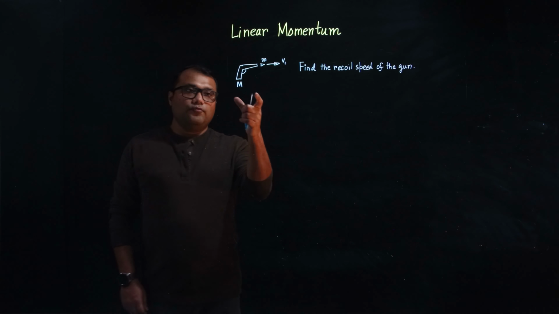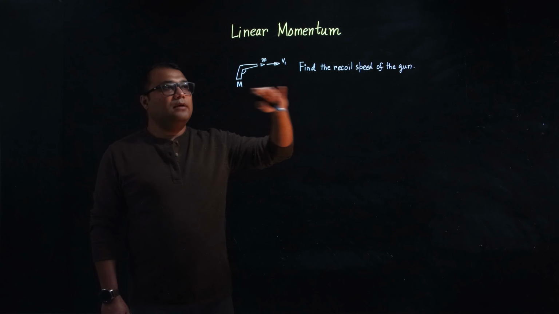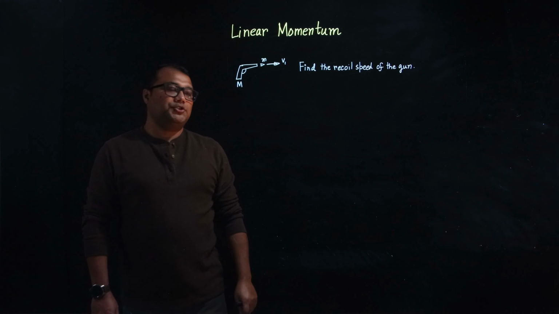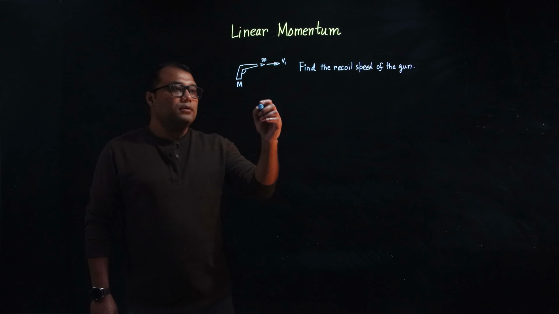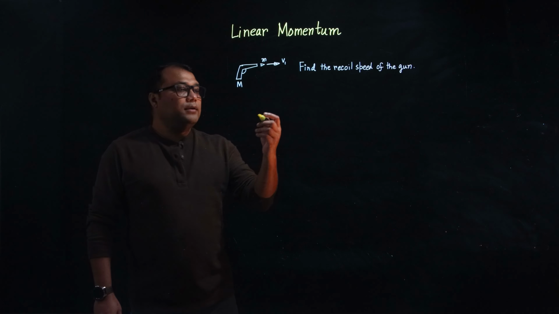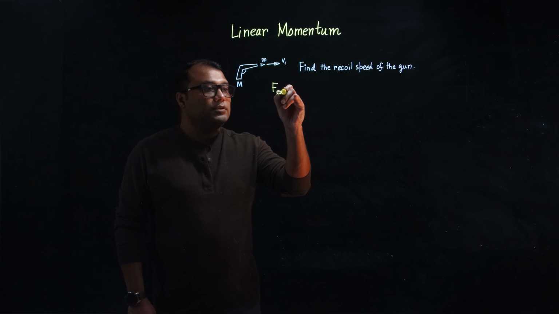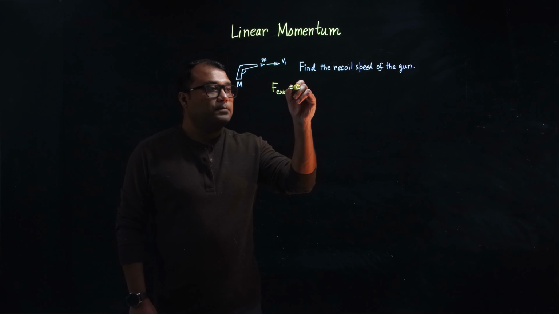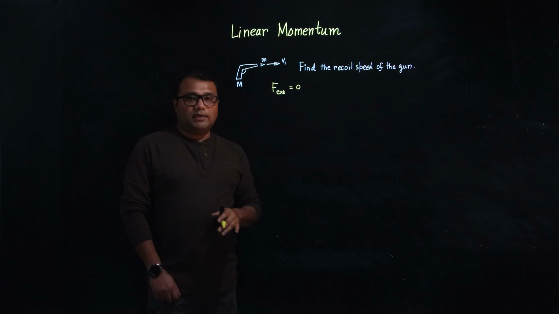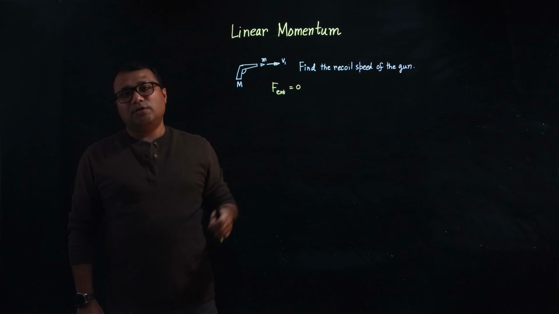First thing is, when we pull a trigger in the x direction, because we are only concerned with what is happening in the x direction, can we say that net external force is 0 in the x direction? Yes, that's true. Not in the y direction, because in the y direction we have external force.